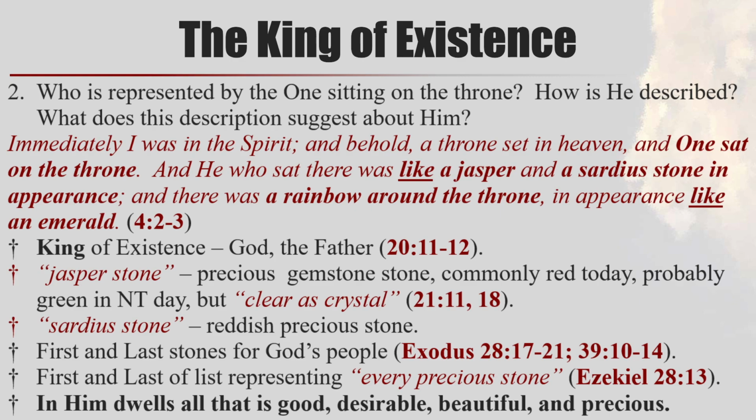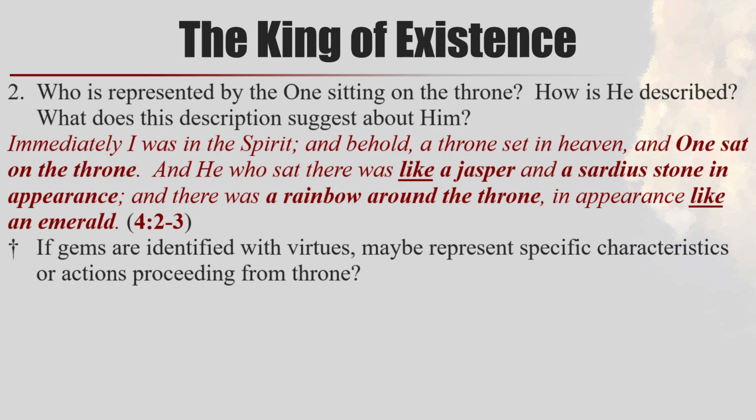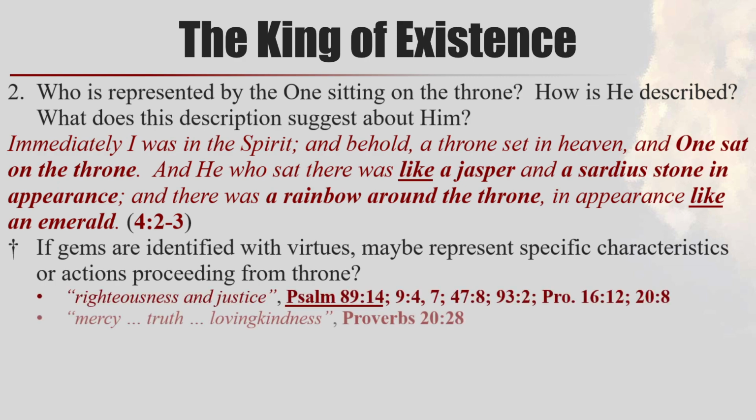But again, one of the ideas is that this is kind of like the bookends of the valuable gemstones. So, God's value, his preciousness, his beauty being identified by that. One other thought is, going back to our decoder ring, if you say this gem represents this characteristic and this one represents that one, then maybe you can break it down.